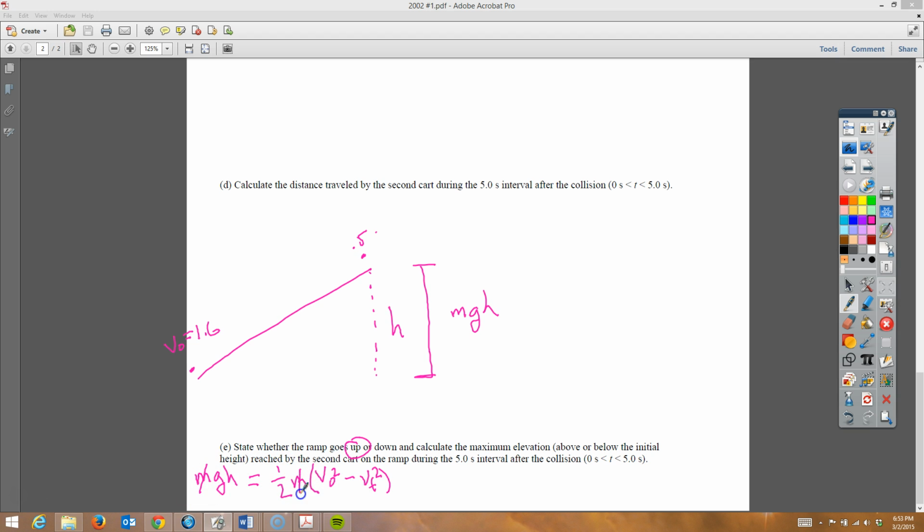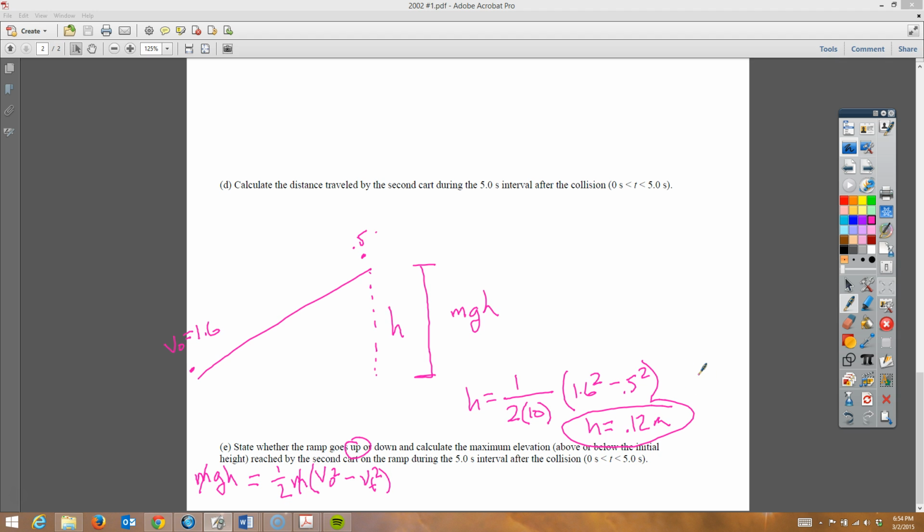We can cross off the m's, and now we're left with the height is equal to 1 over 2 times the gravity, which is 10, times 1.6 squared minus 0.5 squared. And so if you do all your math here, you'll find out that the height of the ramp is approximately 0.12 meters. And that is your answer.